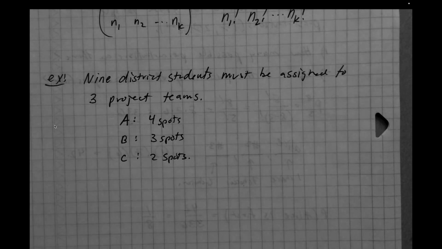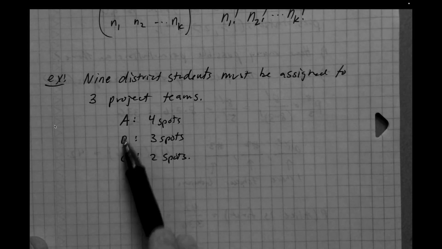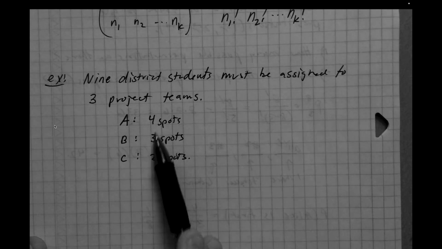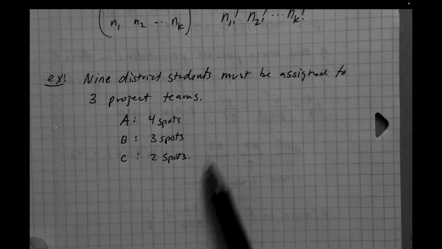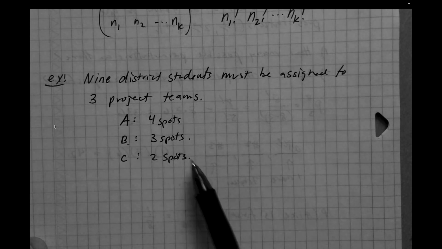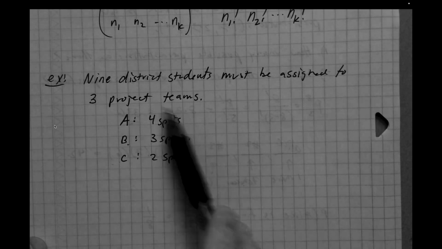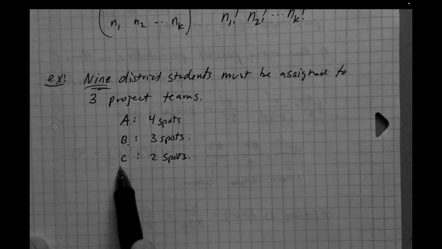Right, so I've got 9 students, and I want to distribute them to these 3 teams. 4, 5, 6, 7, 8, 9. There's 9 spots total, 9 students. Everybody's going to some team. But I've got 4 spots on Team A, 3 spots on Team B, 2 spots on Team C. So I'm partitioning these 9 students into these 3 teams, right?